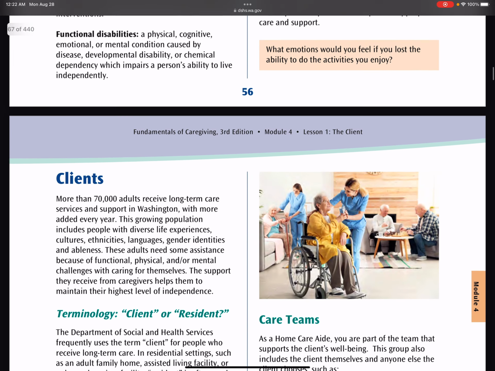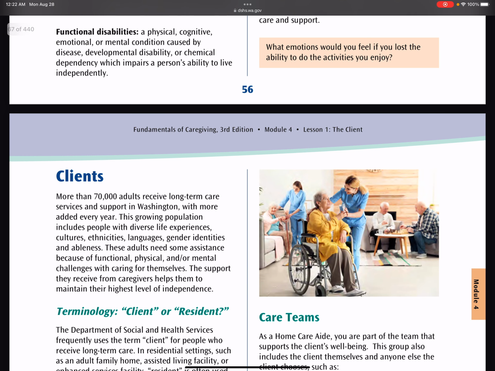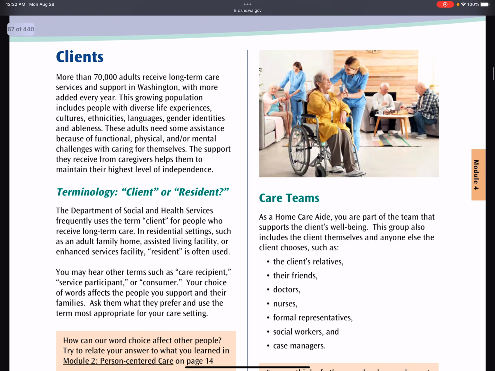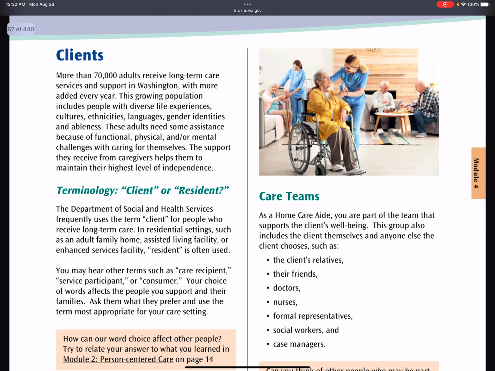Okay, what's a client? A client or a resident. The Department of Social and Health Services frequently uses the term client for people who receive long-term care.